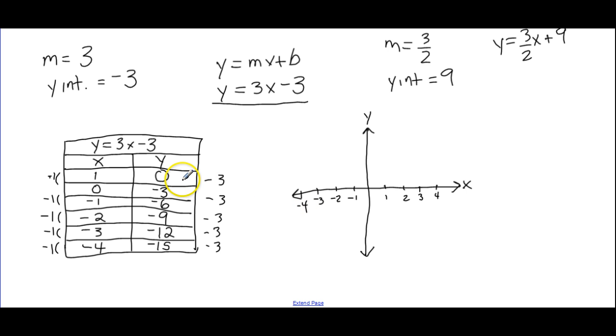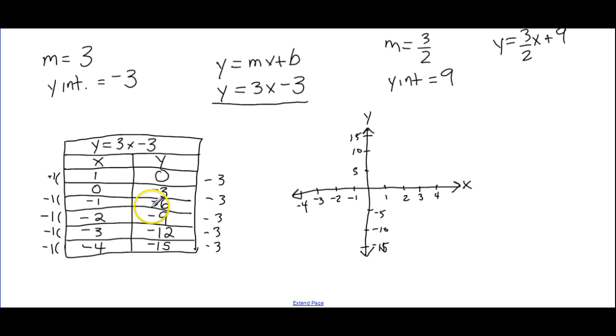And my y values are going from 0, the origin, down to -15. So I might go by 5s this time. So I'll say that's 5, that's 10, that's 15. And here is -5, -10, and -15.